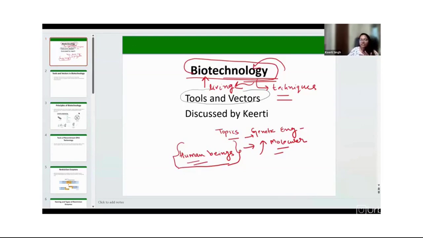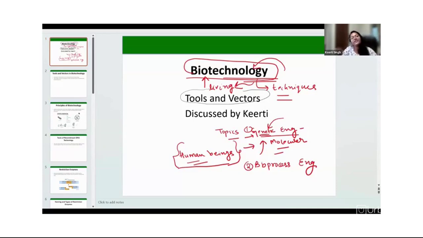So biotechnology is based on two types of principles, or you can say two core techniques. The first one is genetic engineering that I already told you, and the second is bioprocess engineering, right? In genetic engineering, the term genetic is involved. It means we are doing something with the genes, and genes are ultimately made up of what?